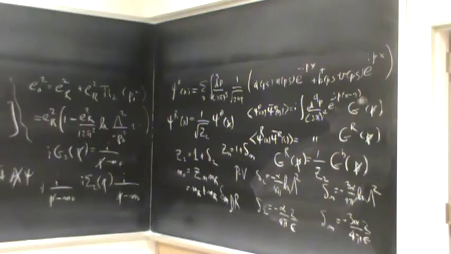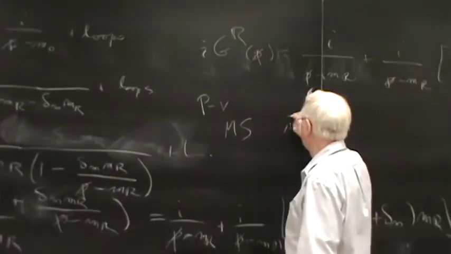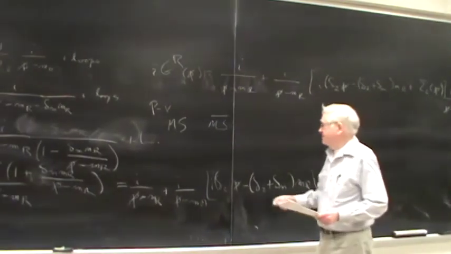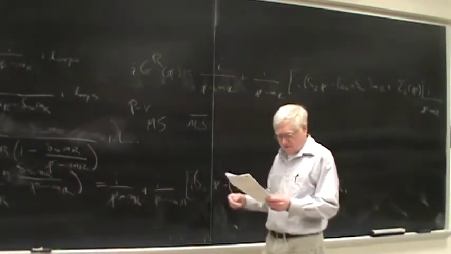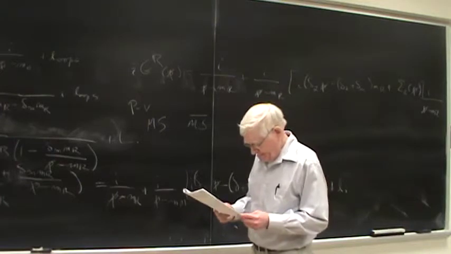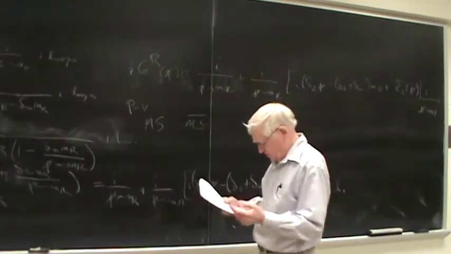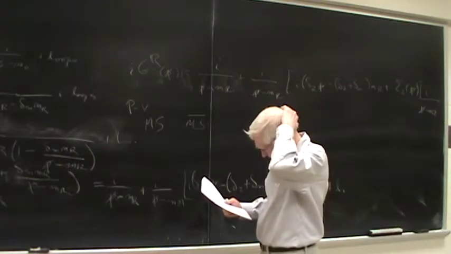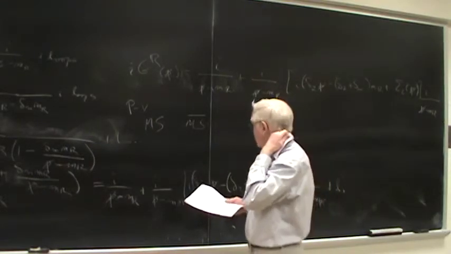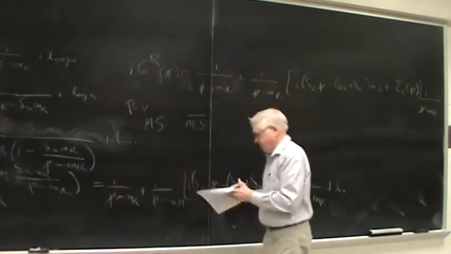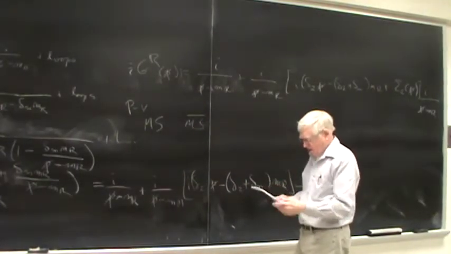So that's MS, and modified minimal subtraction looks like that. And basically the mu loses the tilde. Okay, there's also an on-shell method, but apparently these two are used more commonly now.